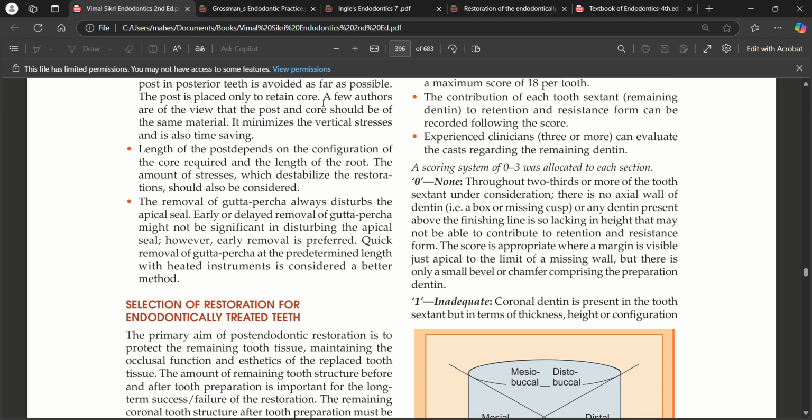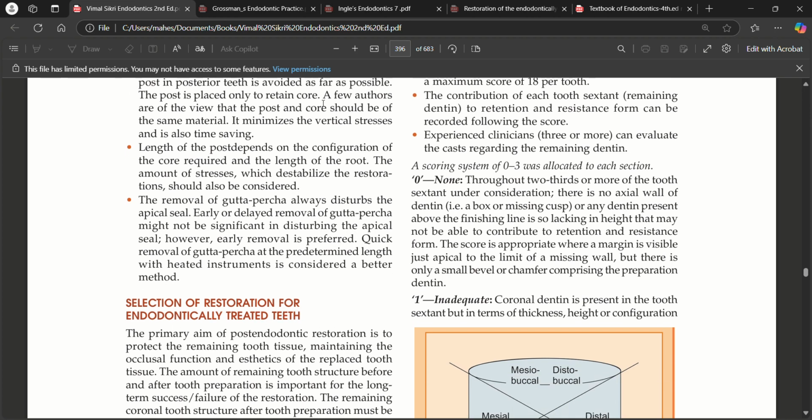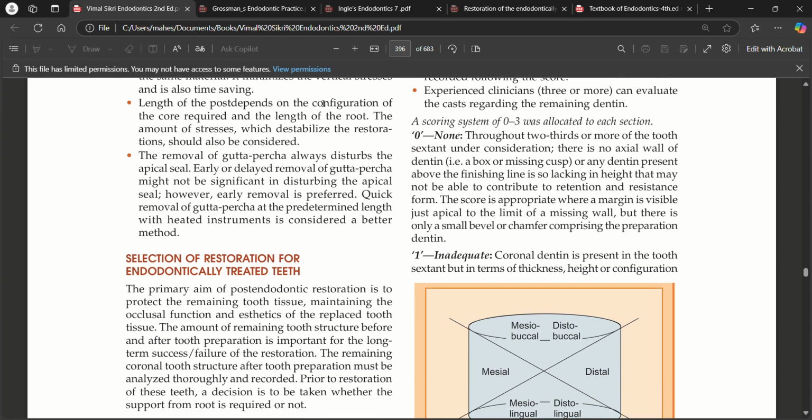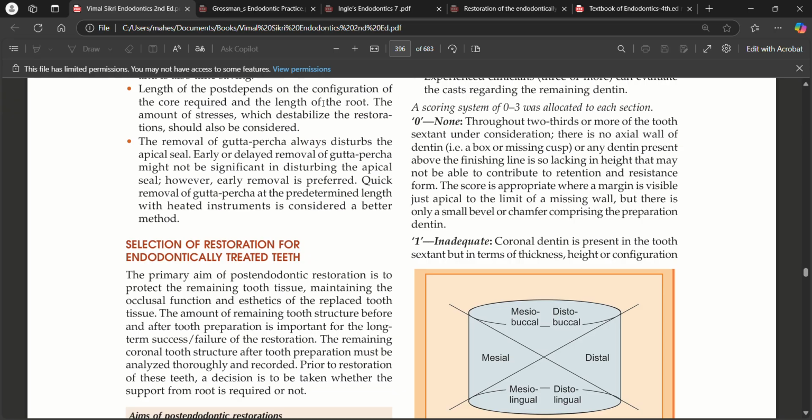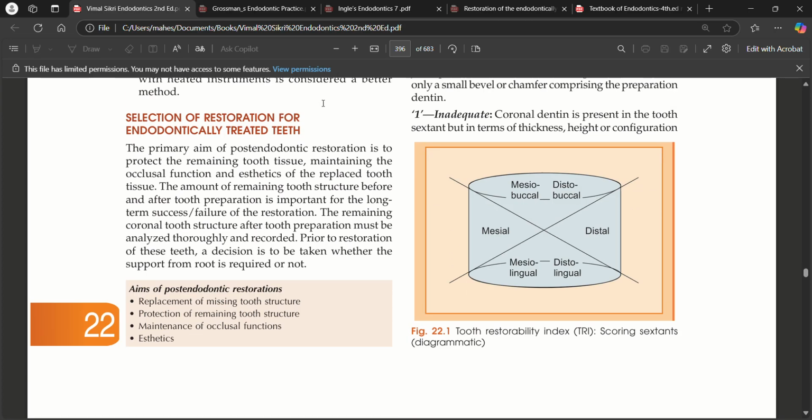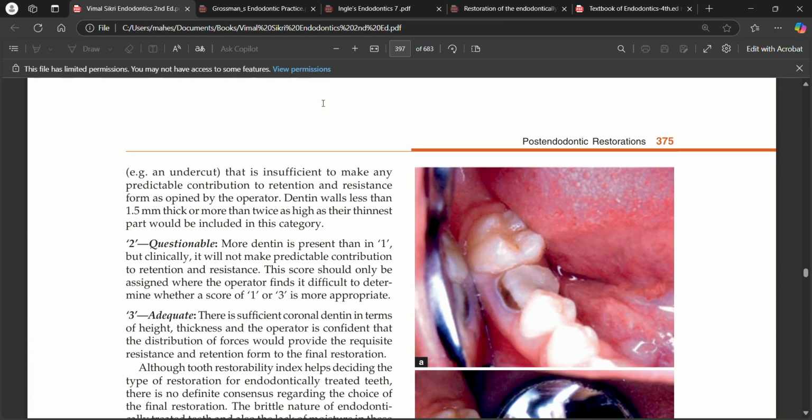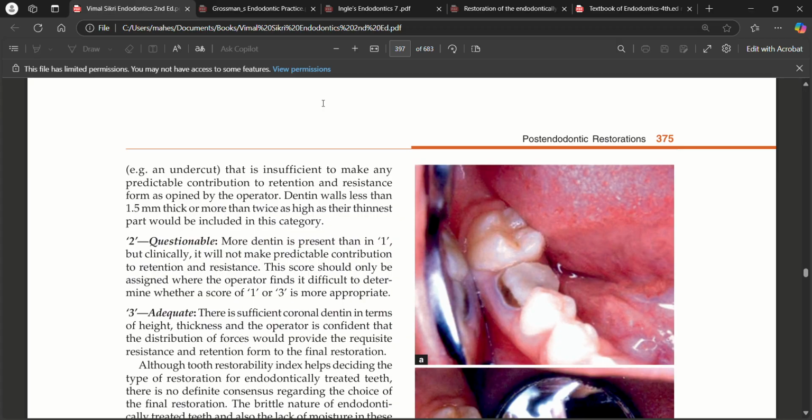1 is inadequate. Coronal dentin is present in the tooth section, but in terms of thickness, height, or configuration, for example an undercut, it is insufficient to make any predictable contribution to retention and resistance form as judged by the operator.